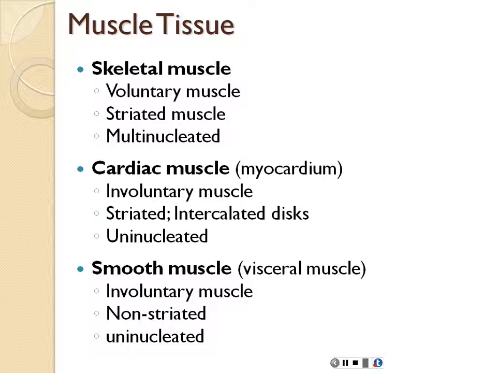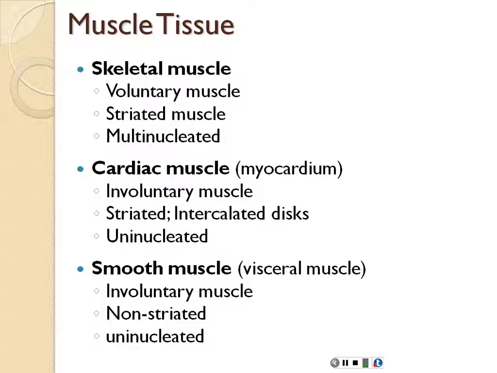Here are some things you need to know about those three types. I will ask you which are voluntary, which are involuntary, which are striated, which are unstriated, which are multinucleated, which are uninucleated. All of that is on this slide here, so make sure you know those.